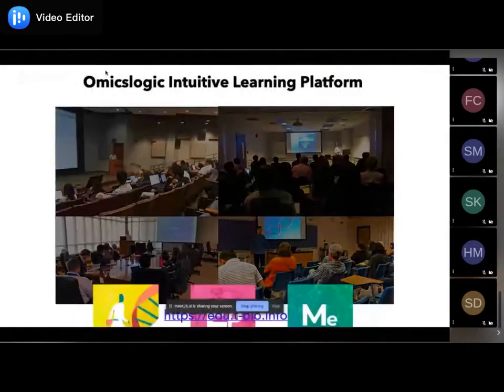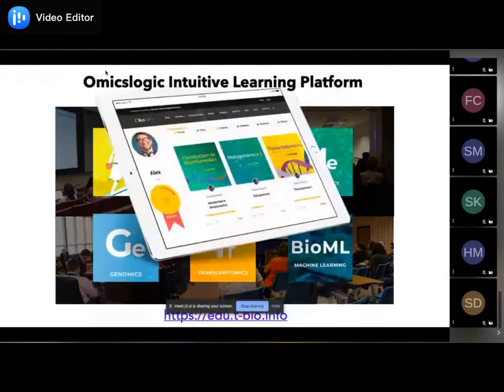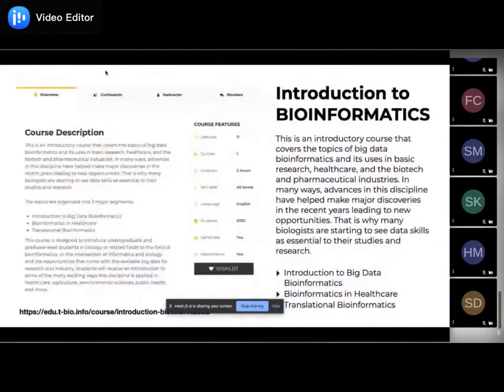As I was telling you about the components of this course, it is an introductory course that you can take. It's free, and it usually tells you about 2 to 3 things. The course includes introduction to big data bioinformatics, bioinformatics and healthcare, and translational bioinformatics.